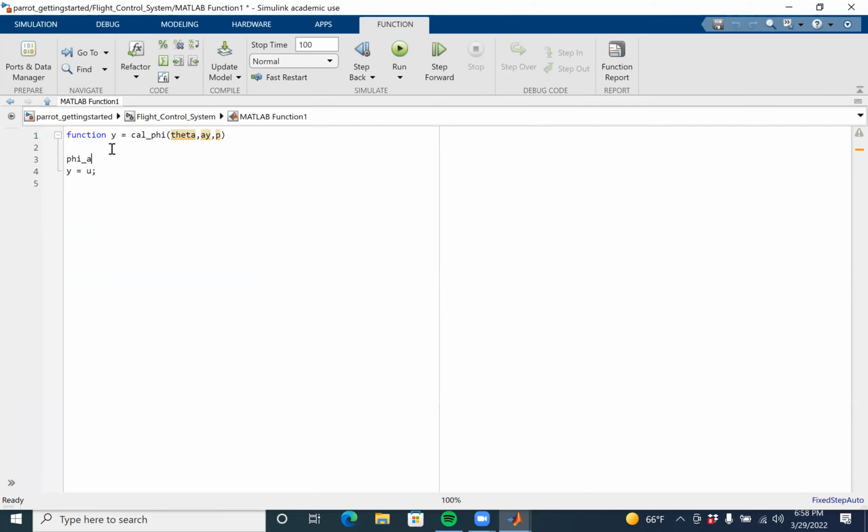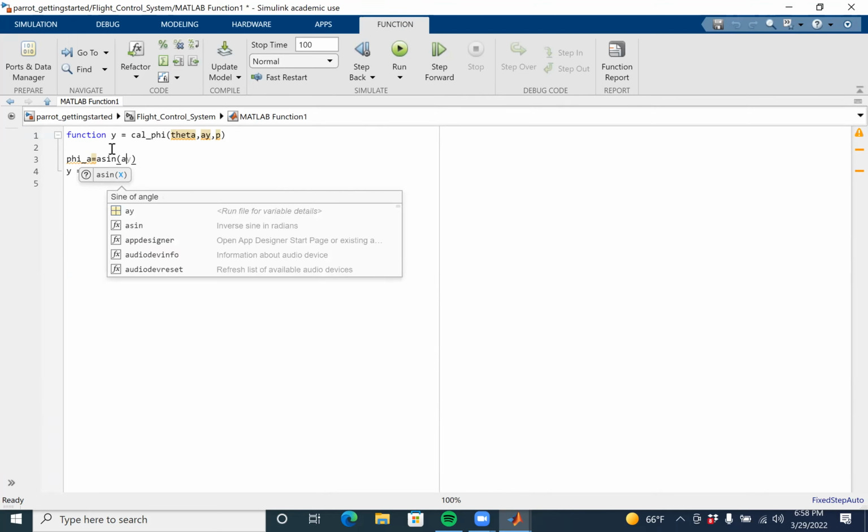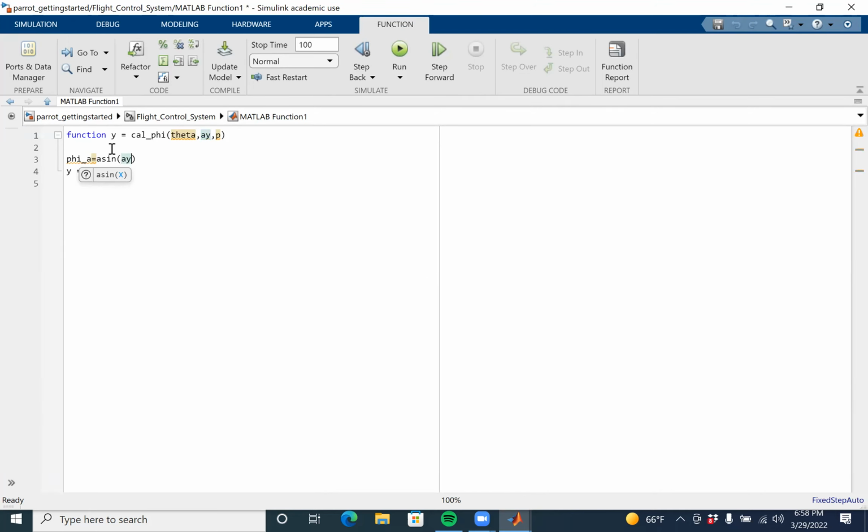CA is equal to A sine the parentheses AY divided by 9.81, divided by cosine theta.